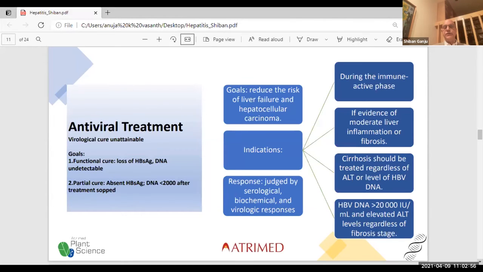So the indications for treatment are only if there's an immune active phase, or evidence of moderate inflammation on liver biopsy, or the staging techniques that I mentioned earlier. But cirrhosis should be treated regardless of blood tests.